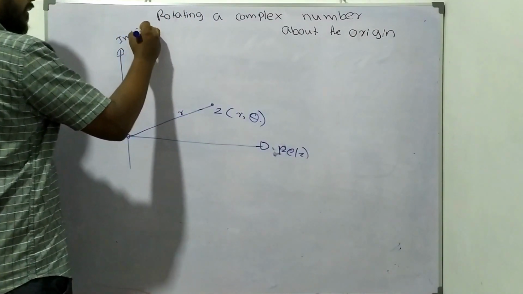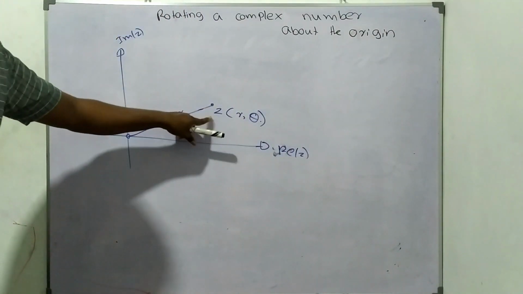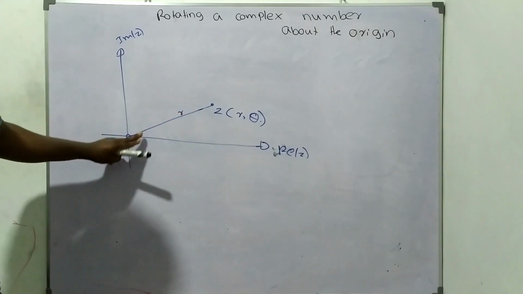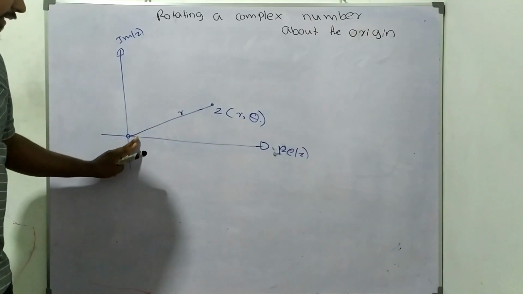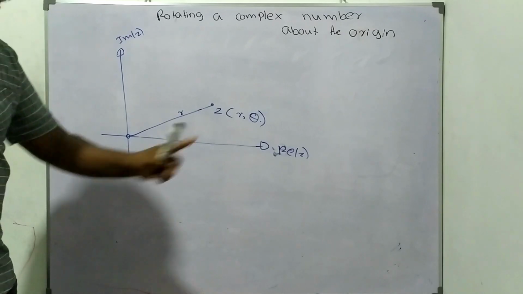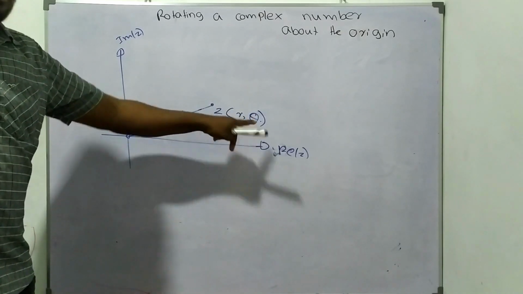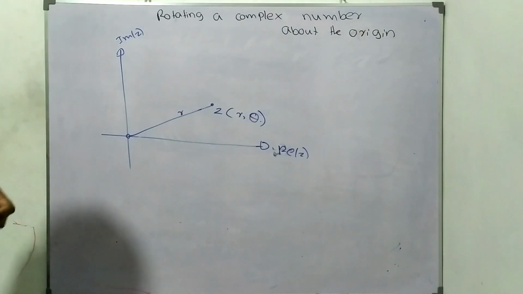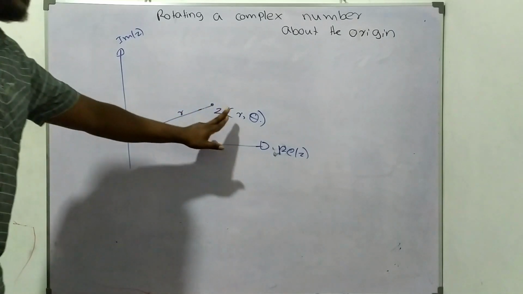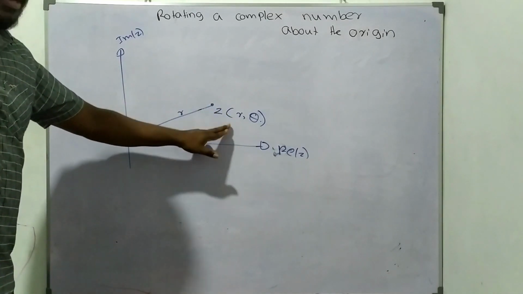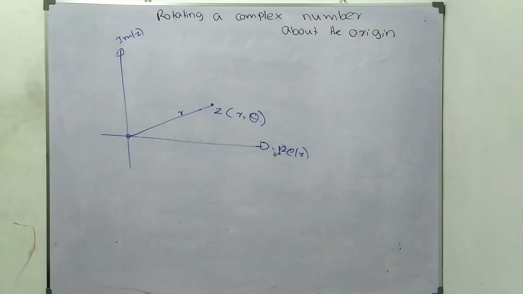We represent the coordinates with r and theta. r is the radius, the magnitude, and theta is the argument. This is the way of representing a coordinate on an Argand diagram.